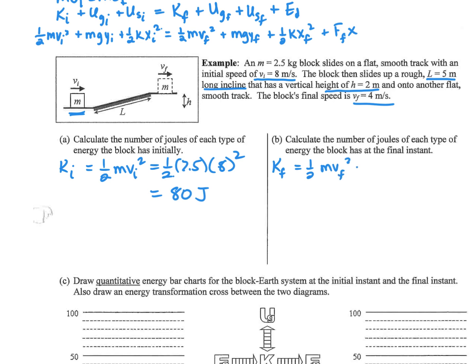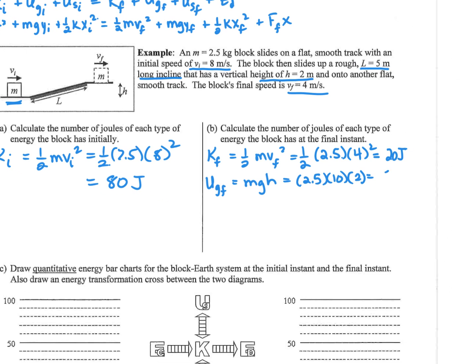So 1/2 times 2.5 times 4 squared is equal to 20 joules, so it lost quite a bit. U gravitational final is going to be m g h, so that's 2.5 times 10 times the vertical height of 2, so that is 50 joules.